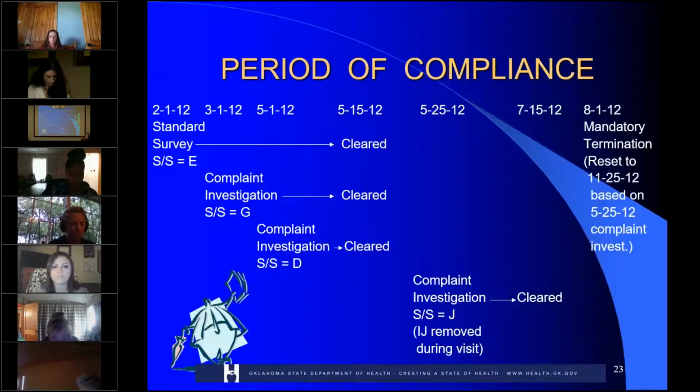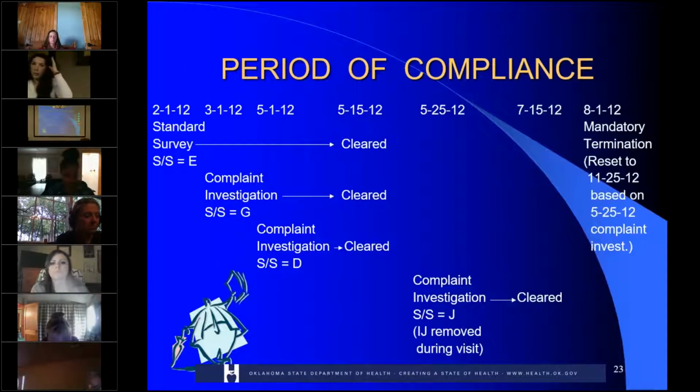So when you get it cleared on the 15th of July, you do have a month and a half or something like that that you're not gonna have payments for those new admissions, but it could have been worse.